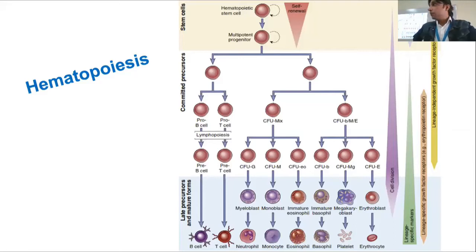But they are different. They are executing different things because the patterns of expression of the genes they are carrying are different. So hematopoietic stem cells means that the cells are using the combination of genes in a different way. When they started becoming differentiated, they will start using a different combination of the genes.